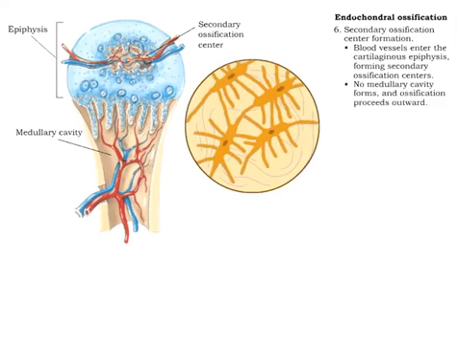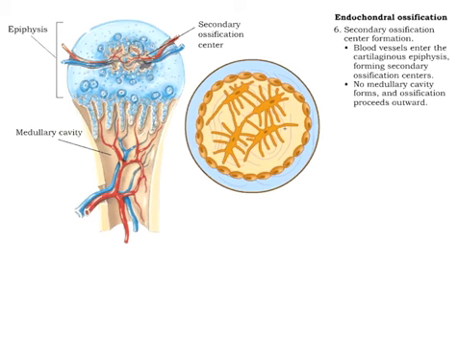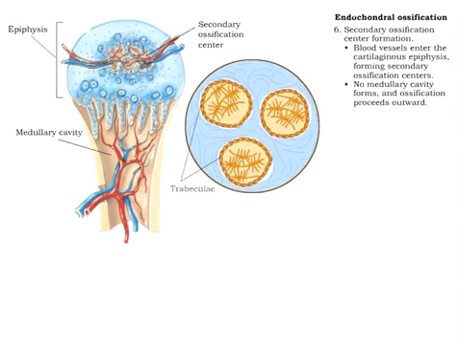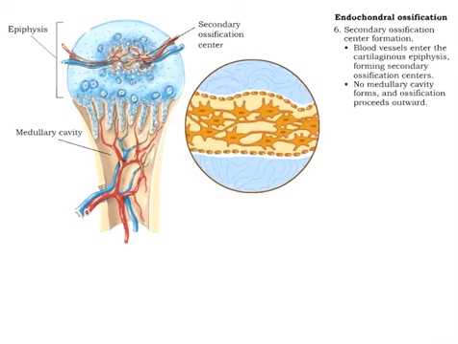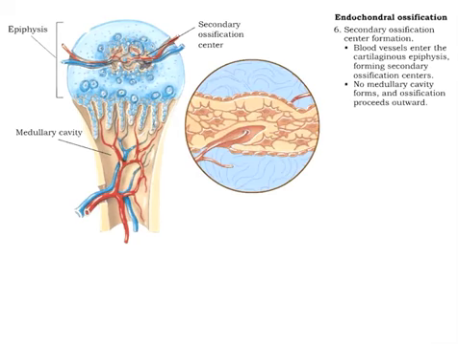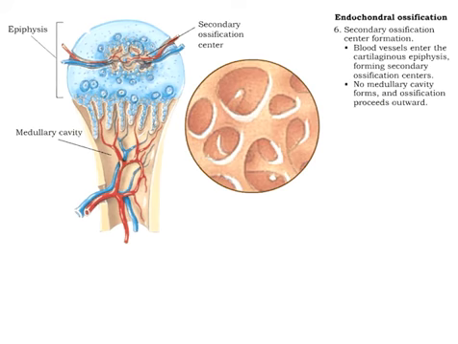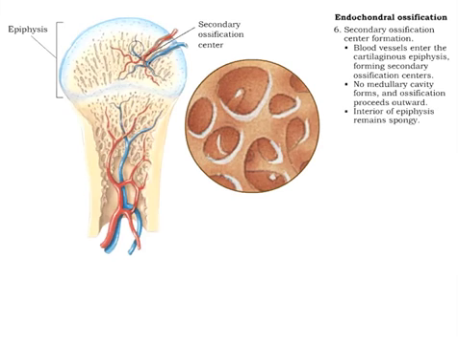Secondary ossification differs in that no medullary cavity forms, and ossification proceeds outward. As a result, the interior of the epiphysis remains spongy.